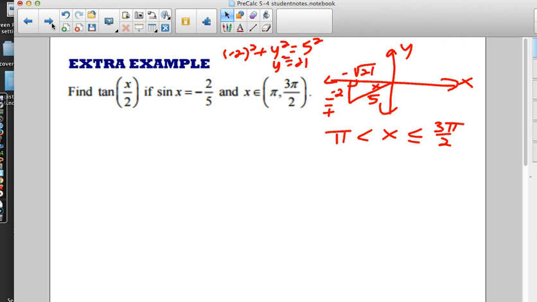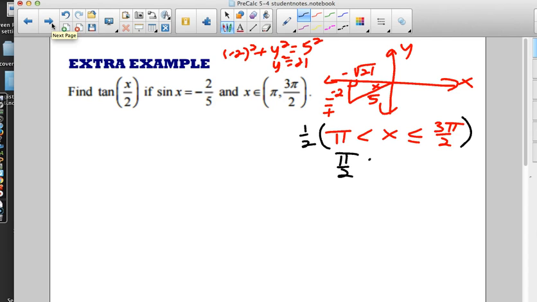Well, that means multiplying everything that we have here by a half, so we'll know which quadrant we're in when we're done, what our answer should have for a positive or negative. So pi over 2 is less than x over 2, which is less than or equal to 3 pi over 4. Which quadrant is our answer?